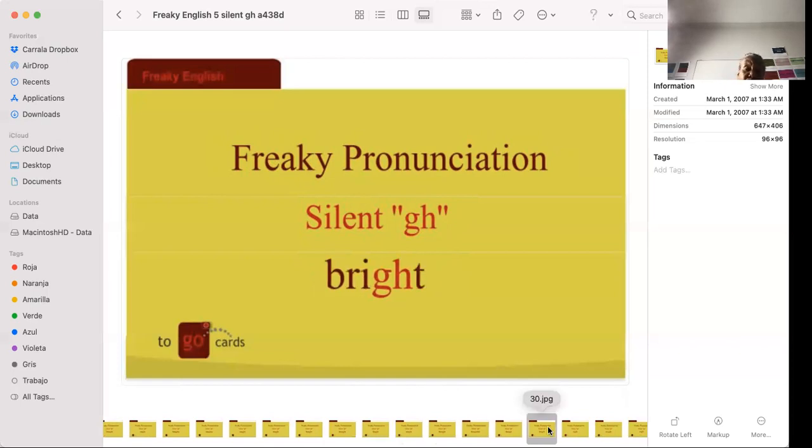Now bright has two spellings, B-R-I-G-H-T, but I've also seen B-R-I-T-E, but that's not the formal, that's more of a commercial, like television advertisement, bright, B-R-I-T-E. It fits because the E makes the long I sound, bright. But you have to be very careful how you use that. Use it for advertisement when you want to name a product.